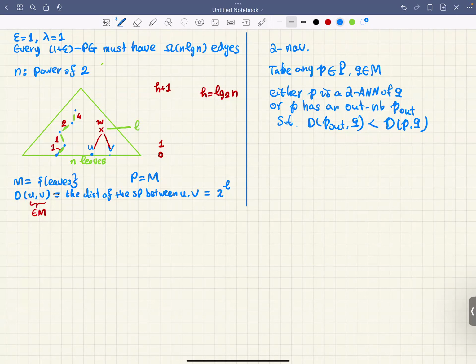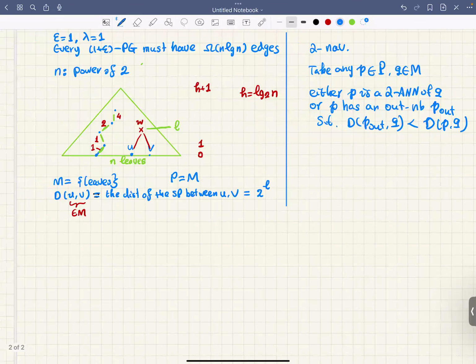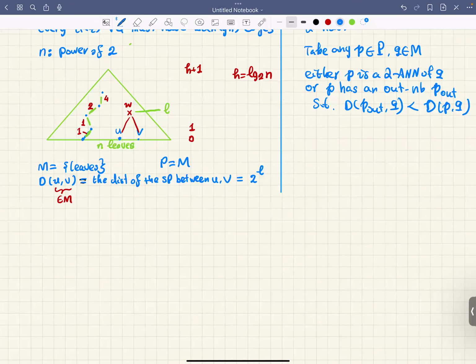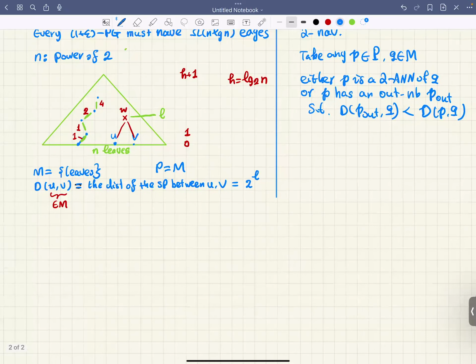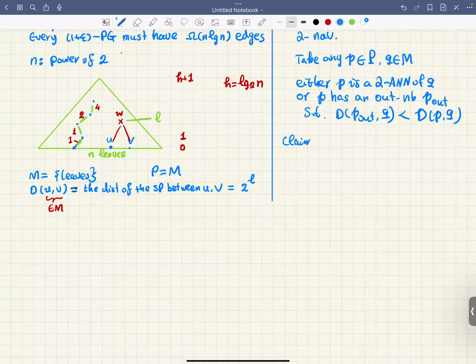Good. Now I'm going to make the claim. This claim says omega log n.